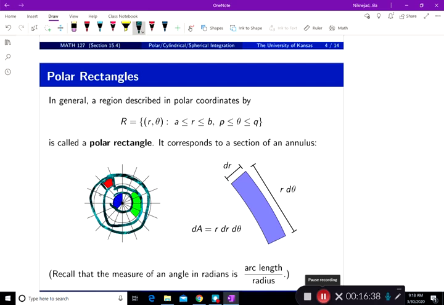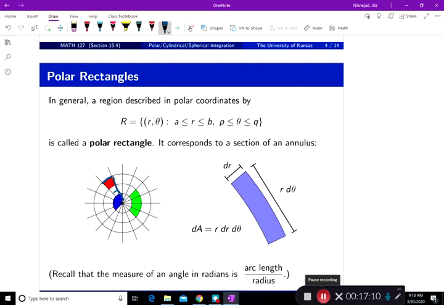And so if you remember now, when you're going to basically take infinitesimal dr and infinitesimal d theta, something to remember is that this arc length is just the radius times theta.